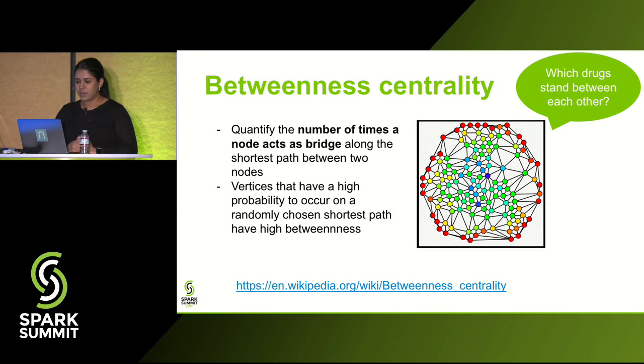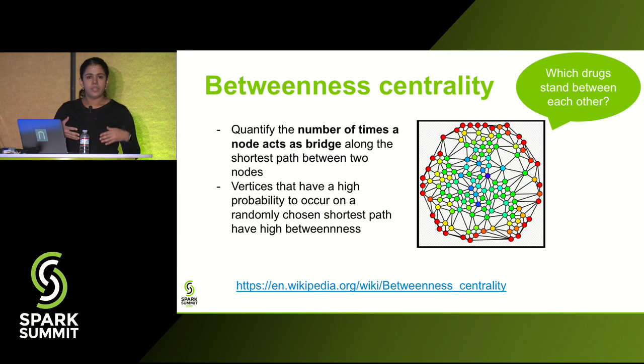Coming to the second one, betweenness centrality. As the name suggests, you're trying to understand which drugs stand between each other. So you quantify the number of times a node acts as a bridge along the shortest path between two nodes. Why this is important is because if we have very high betweenness centrality, one drug could influence a lot of drugs along the path.